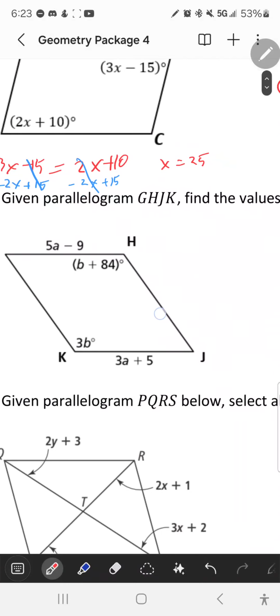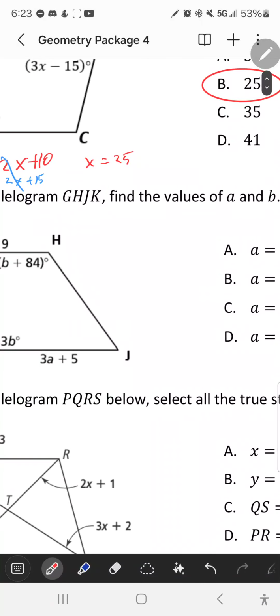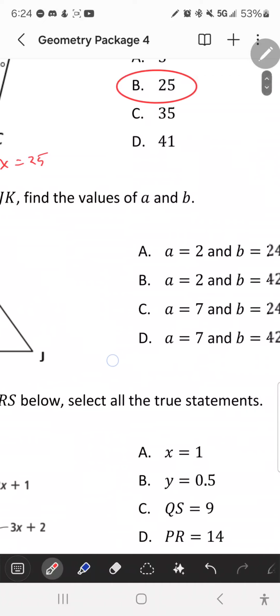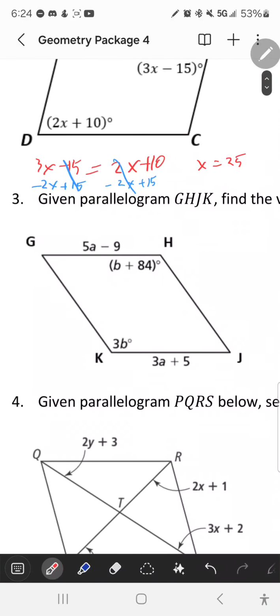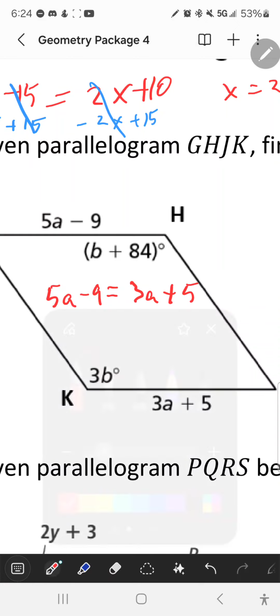Now, in this case, given the parallelogram GHJK, find the value of a and b. First of all, let's see a. For a parallelogram, you know that the opposite angles are equal. The opposite sides are also equal, so the opposite sides are not only parallel but equal. So if these two are equal, I can say that 5a minus 9 equals 3a plus 5.